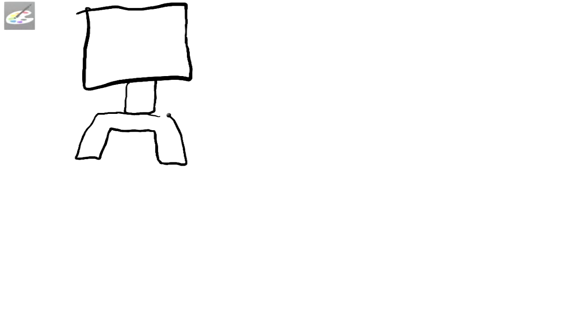So what is an interface? There's a lot of ways to explain it to new programmers. Now I'm going to do some actual drawing, not necessarily programming stuff. But let's say you have a TV or a monitor or whatever, right? There's a monitor.